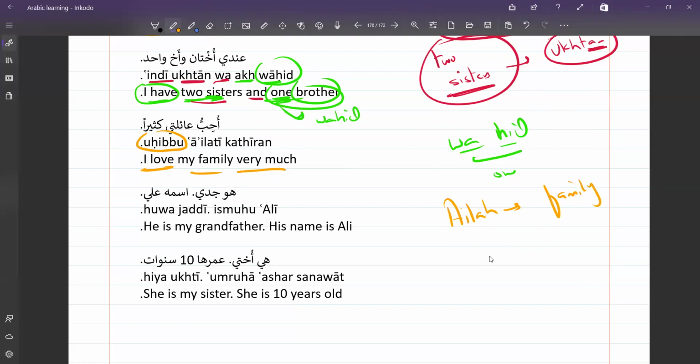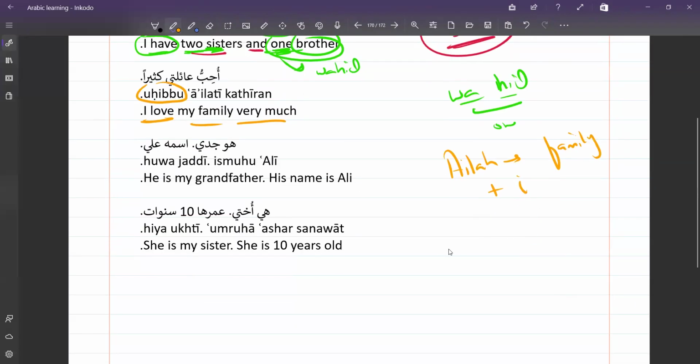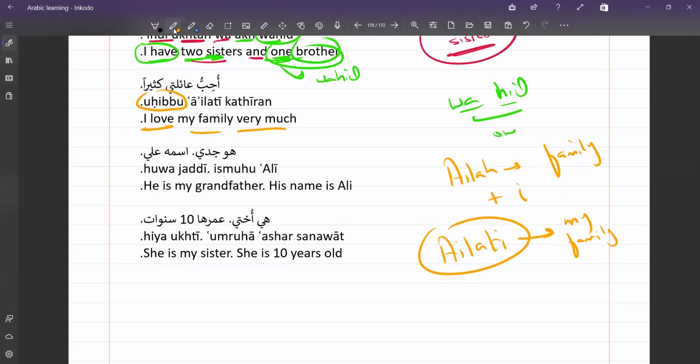If I add the possessive pronoun i in front of this, it becomes a'ilati, and this would mean my family.